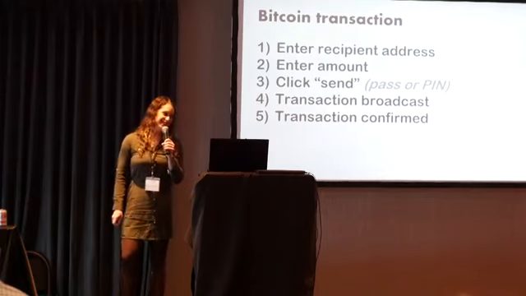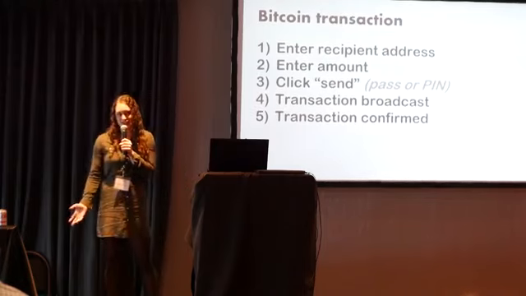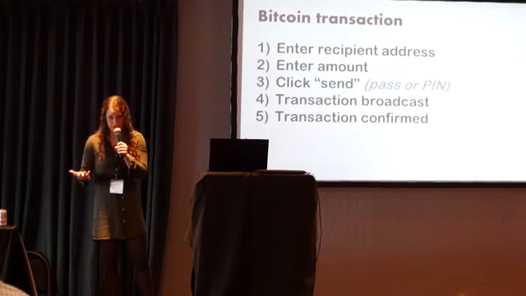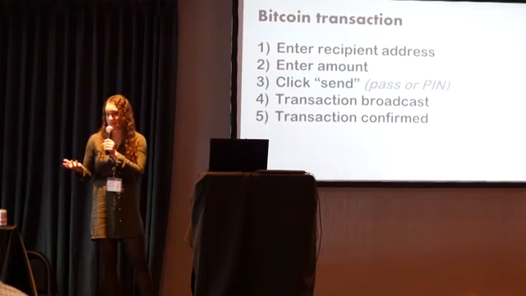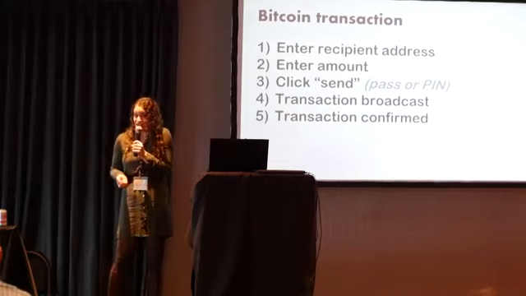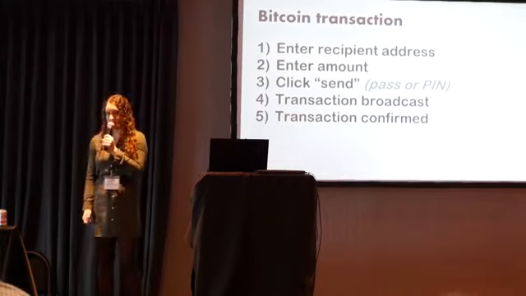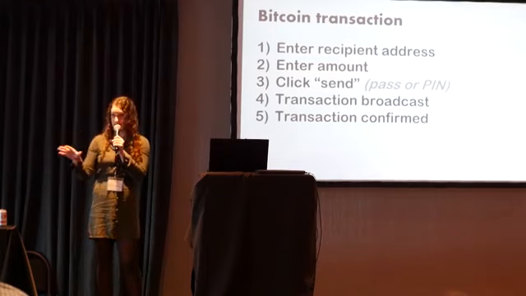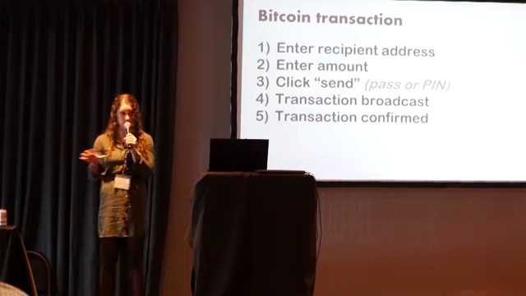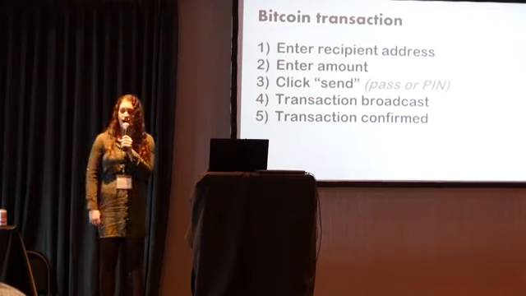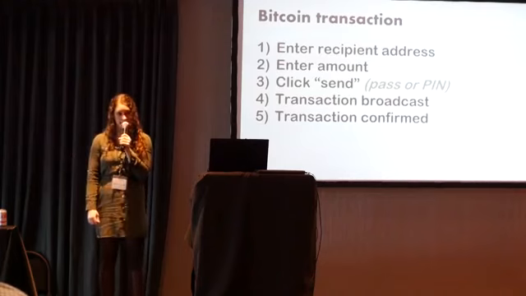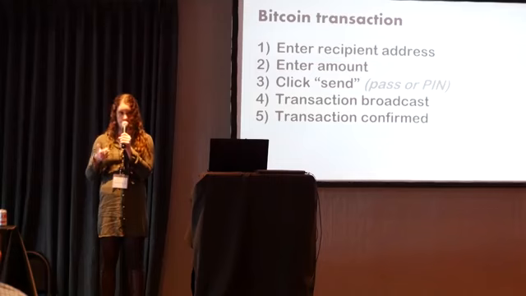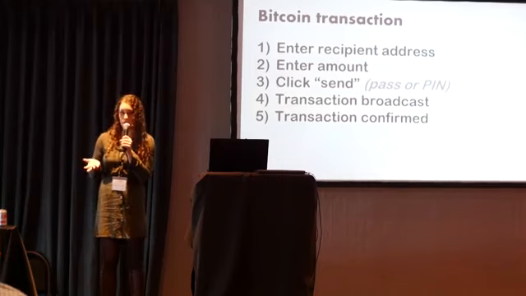Okay. So, how does a Bitcoin transaction go down? Like, what actually happens? What are the mechanics? We'll do a live demo here in just a few minutes so you all can see what it looks like. But it's really simple, actually. If I'm going to send Bitcoins, I would get the address of the person I want to pay, the Bitcoin address. I would enter how much Bitcoin I want to send to that person. I would click send, or maybe I'll have to enter a password or a PIN number.